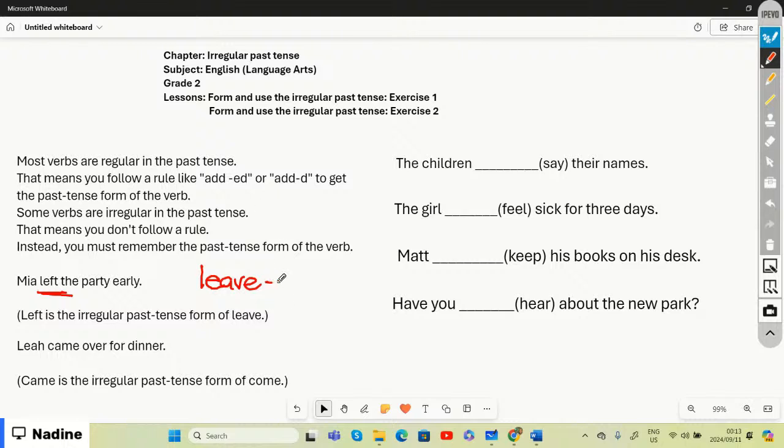But in the past, we say, I left. If you look at these two words, can you see how the wording changes from the present tense form leave to the past tense left? That is why we say that you cannot follow any rules. We cannot say add this, remove that, because the wording changes. So left is the irregular past tense of the word leave.